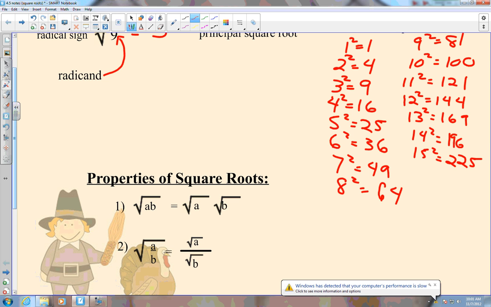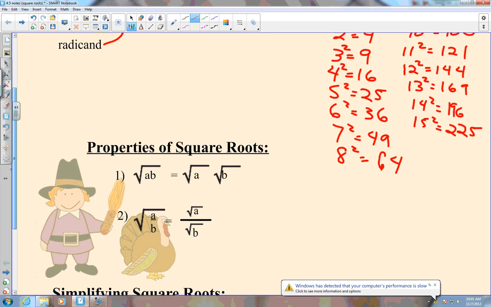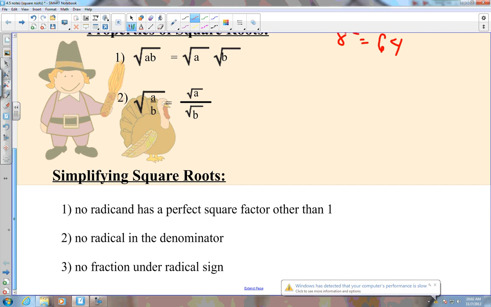You've used that before. The next one: when we simplify a square root, it has 3 properties. The first property of a simplified square root is that no radicand has a perfect square factor other than 1. That means if I write out all of its factors, none of them is a perfect square.